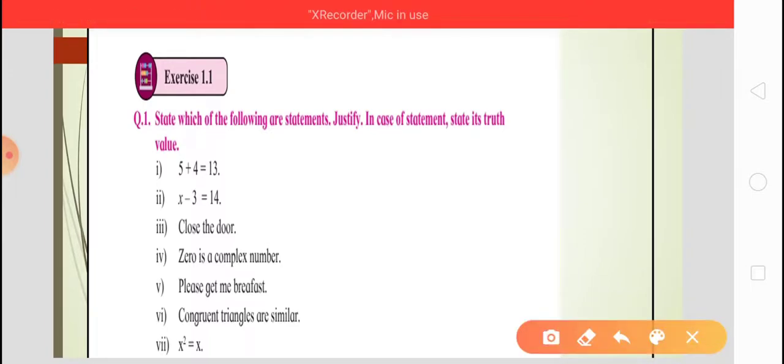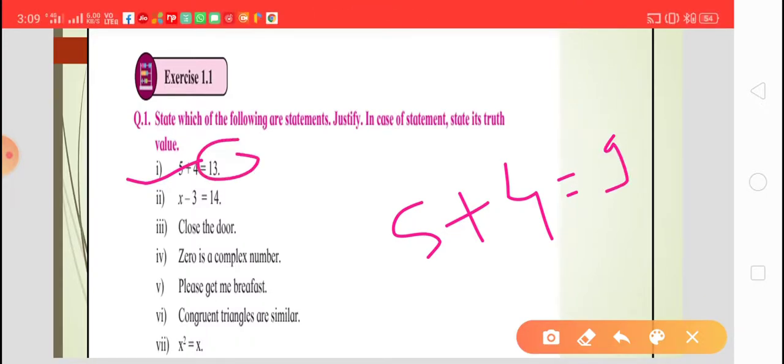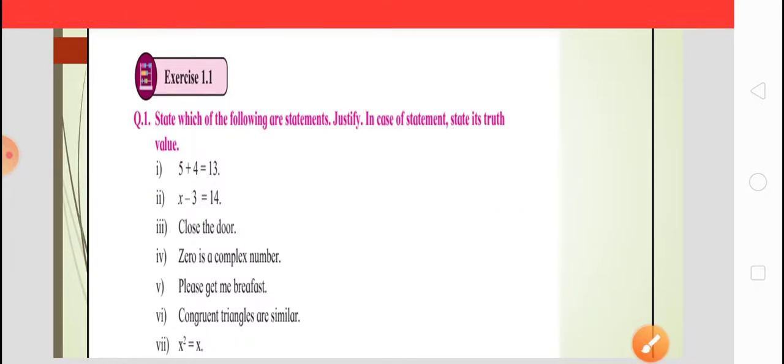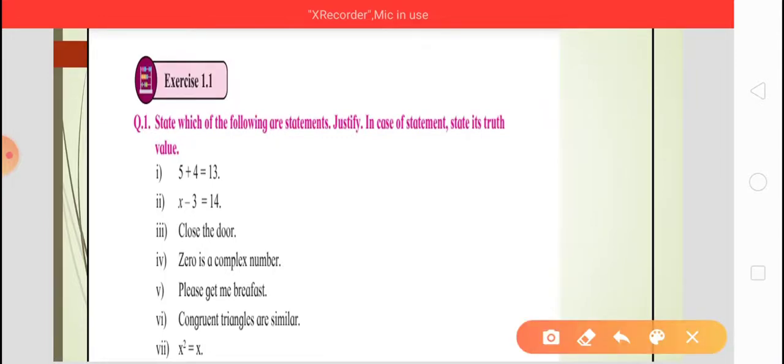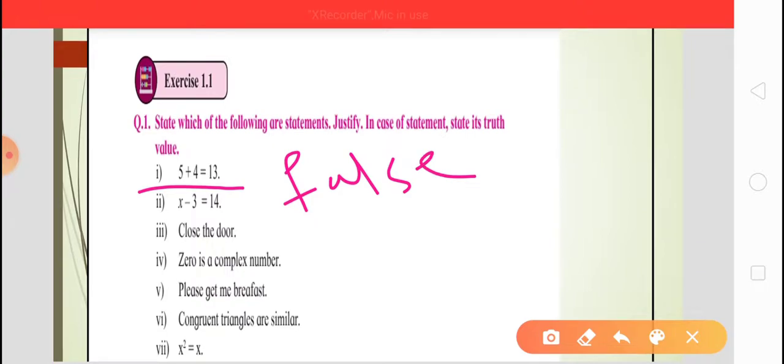So let's take the first example. 5 plus 4 equal to 13. Ask your mind, is it true or false? Yes, 5 plus 4 equal to 9, so this answer is false. It means our mind gives us a perfect answer, false, so this sentence is a statement.